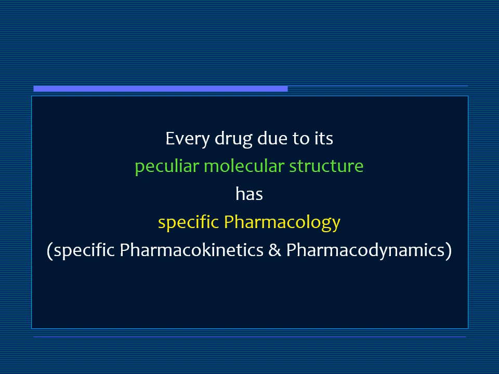So absorption is specific, distribution to the various parts of the body is specific, and then metabolism is specific, and excretion, all are specific to that drug, and that is due to its specific molecular structure. Similarly, specific pharmacodynamics: specific effect, specific usage, and specific molecular mechanism.